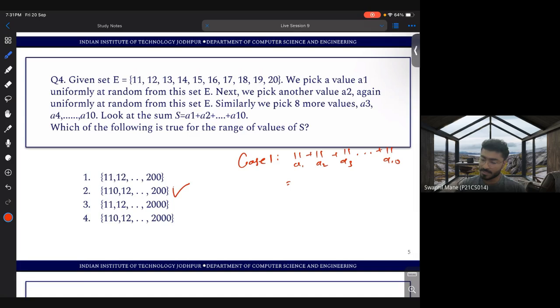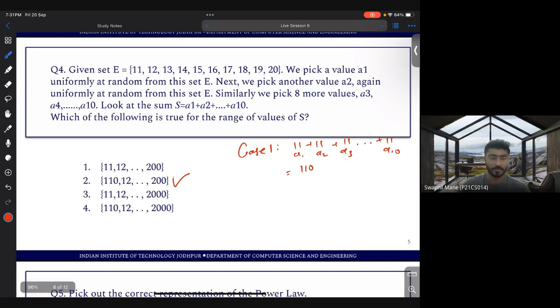The sum of these values is 110. This is not really possible, but considering this case, we get 110, which is the least value. We can't get less than this value from this list.